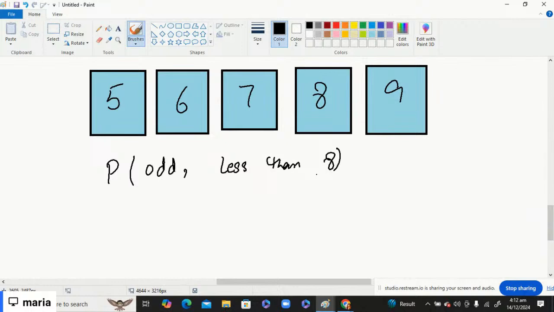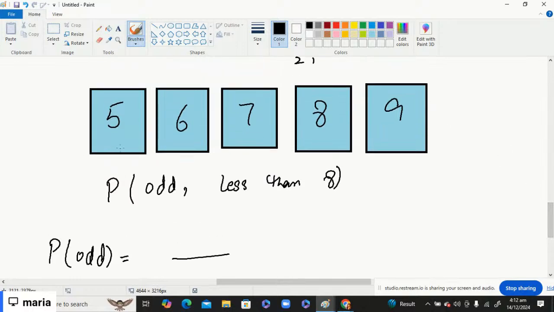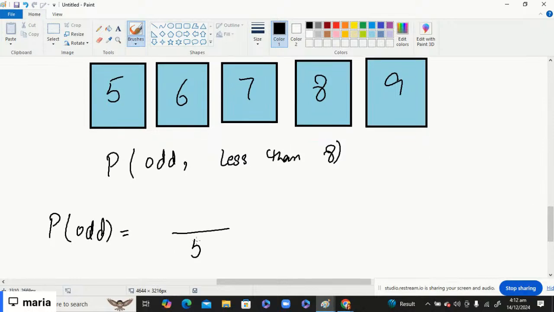You just put the probability for an odd number. So first of all, finding the probability of an odd number. First you tell me what we put in the denominator: how many total cards? Let's count 1, 2, 3, 4, and 5. There are 5 total numbers. How many odd in it? There are 3 numbers which are odd, 1, 2, and 3. So this is 3 by 5.